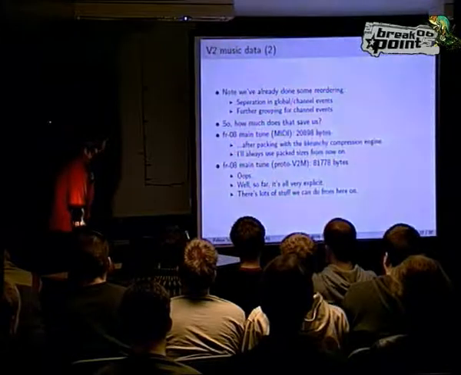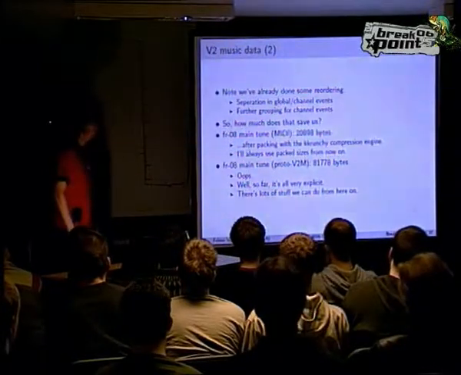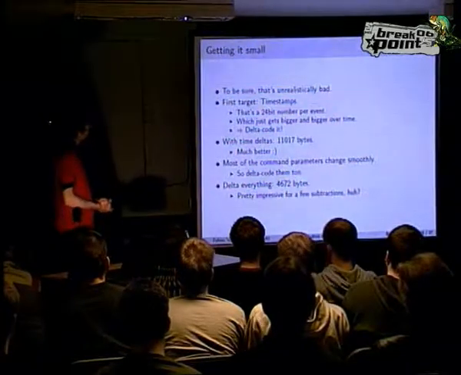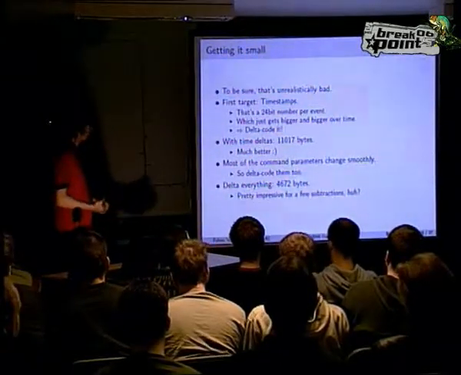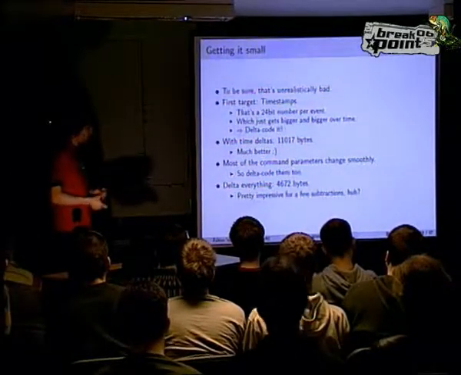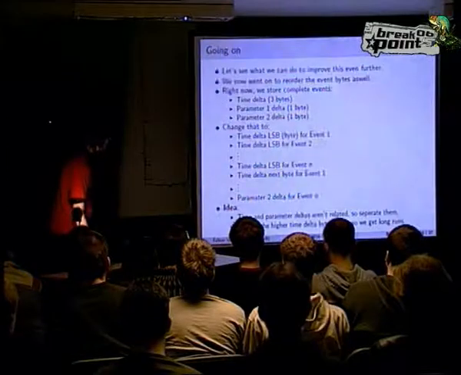As you might remember, we started out at about 21 kilobytes. So it's really a minimum amount of work we've done so far. We've already got about a factor 4 reduction in compressed size.